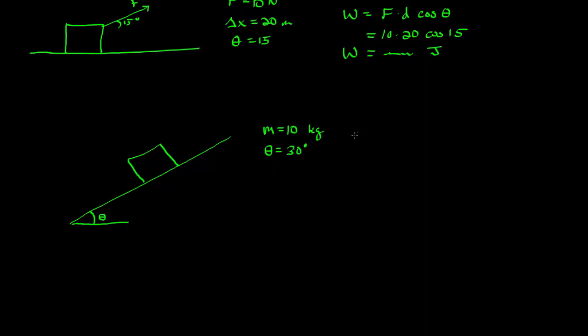And then the coefficient of kinetic friction is, let's say, 0.12. What you're going to have to do is figure out all your forces. So we're going to have weight coming down here, and then we'll have friction moving backwards, some kinetic friction. So the question is, what's the total work?